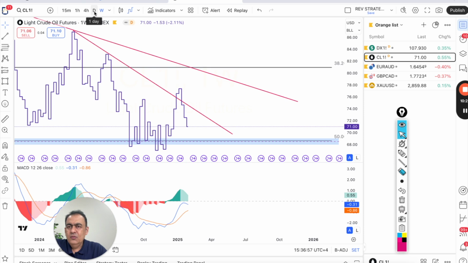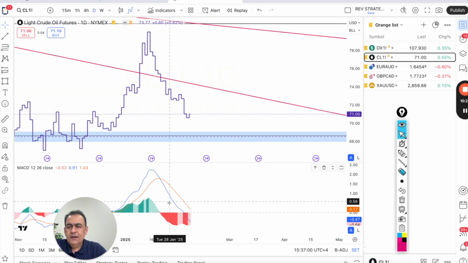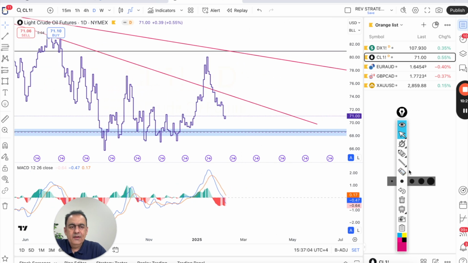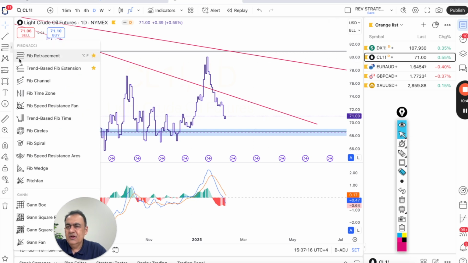Now it's time to move to daily, and here on daily frame I'm going to apply fib extension again in the bullish direction. So I'll take into account the lowest point A, B and C. So let's apply here ABC fib extension in the bullish direction.